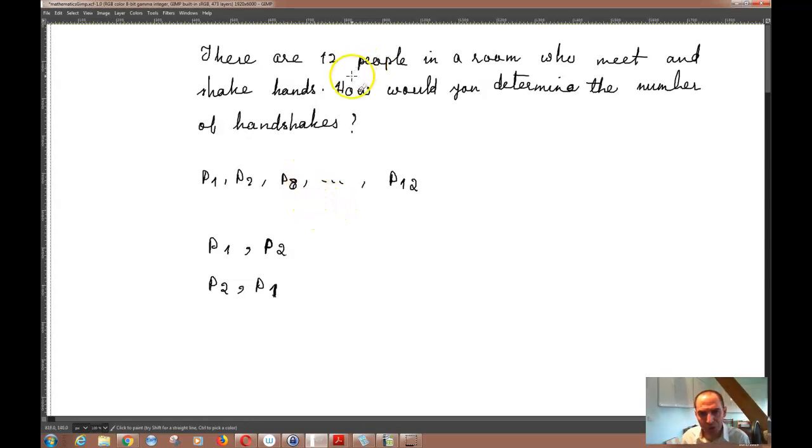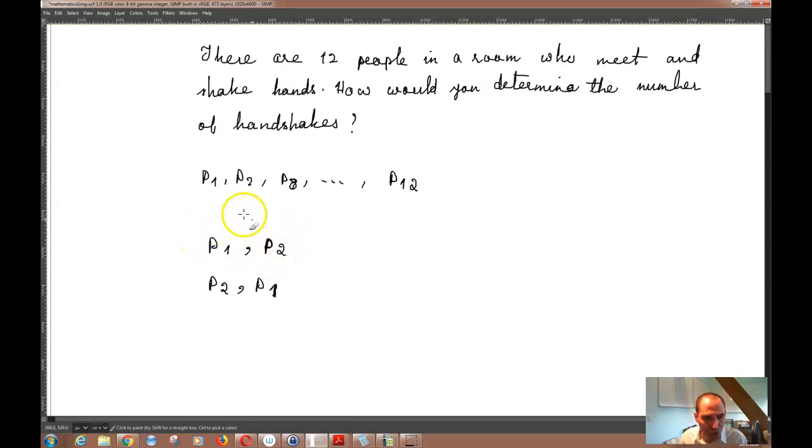Our goal here is to count the number of handshakes, and we are not concerned about which one has done it first, which one has done it second. That's not important here.